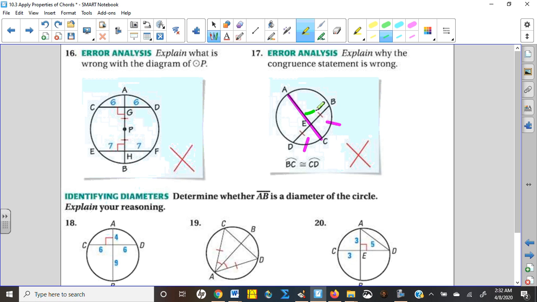But it does not indicate that it's perpendicular. And so, just as an example, look at this chord right here. It's a little more extreme. That's bisecting that chord. It goes through the midpoint, but it's certainly not cutting into two congruent pieces. Look at that piece and then look at this piece. They're not even close. And so you only have one of the two necessary ingredients for that to be true.